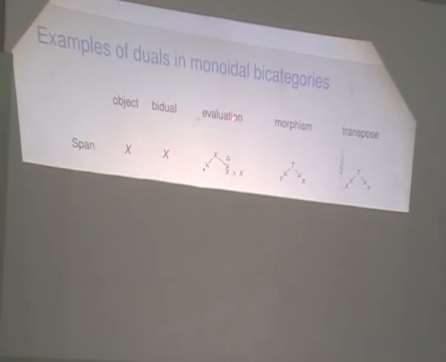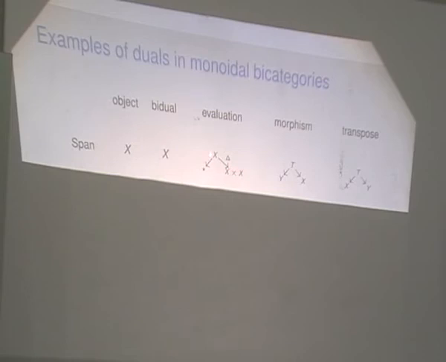So we need evaluation and co-evaluation maps. Let me say what the evaluation map is. We want a morphism from X cross X to the unit object. The product is just the Cartesian product, so the unit object is just a one-element set, which I'll call star.